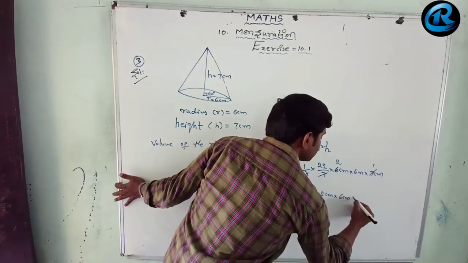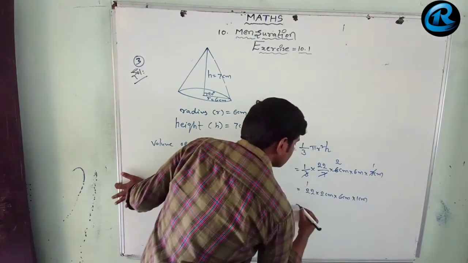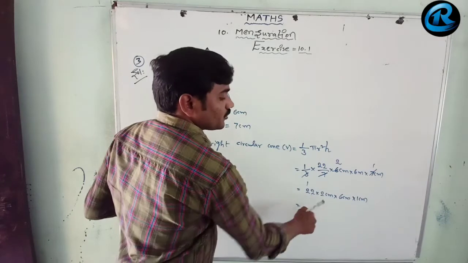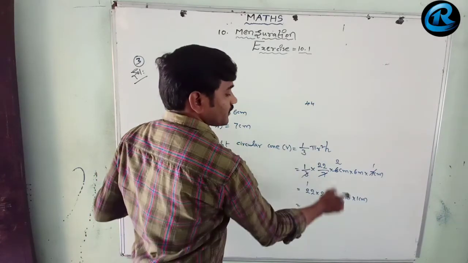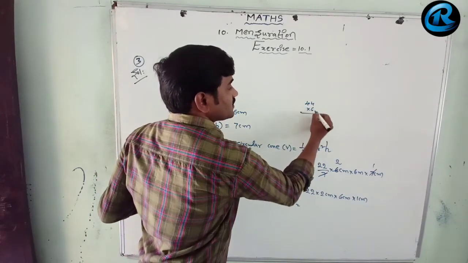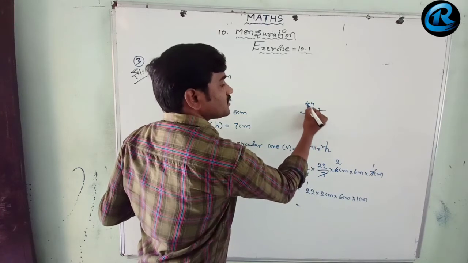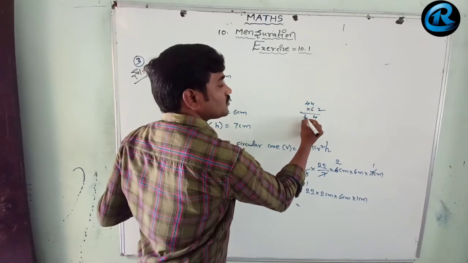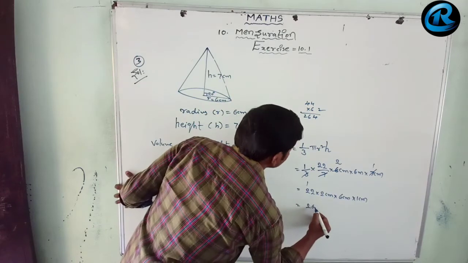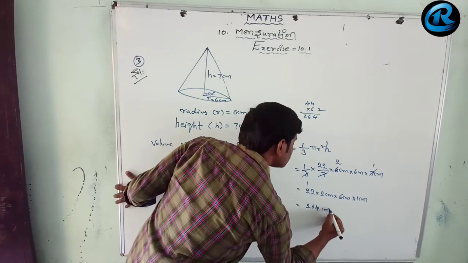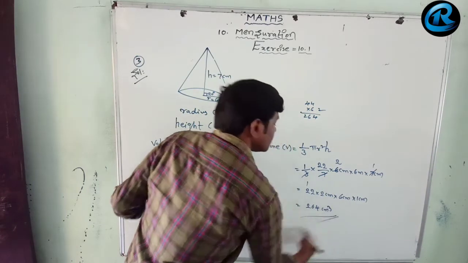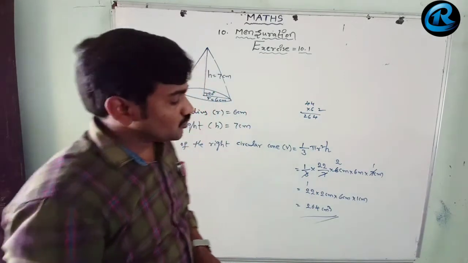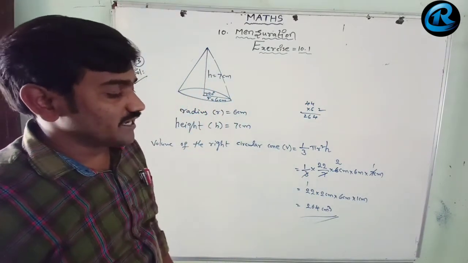Now you multiply 22 into 2, that is 44, into 6. 6 fours are 24, 2 carry, 6 fours are 24 plus 2, 26. That is 264 centimeter into centimeter into centimeter, that is centimeter cube. That is 264 centimeter cube.